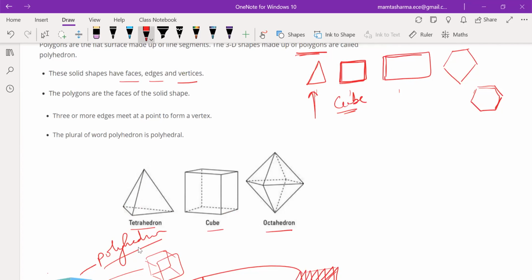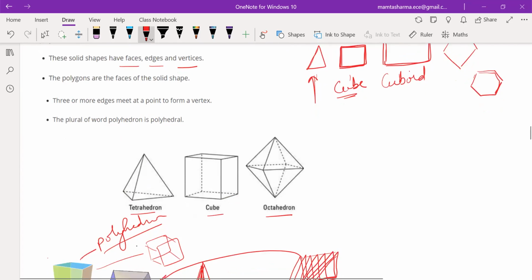If I keep many rectangles in a stack, one after the other, it will take the shape of a cuboid.